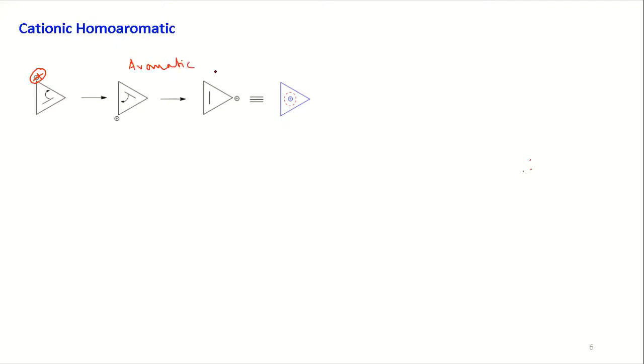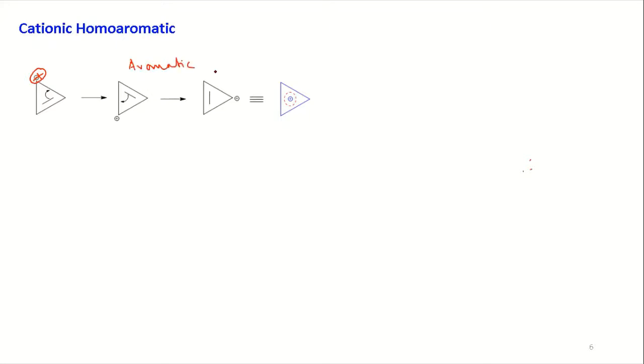So, cationic homoaromatic compounds. When we are talking about cationic homoaromatic compounds, what are the base aromatic cation structures that we need to know? Number one is the cyclopropenyl cation. This is a cation. This is aromatic, right? In the last classes you have learned that one.